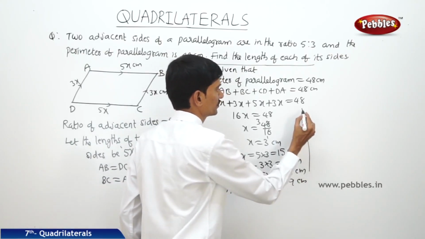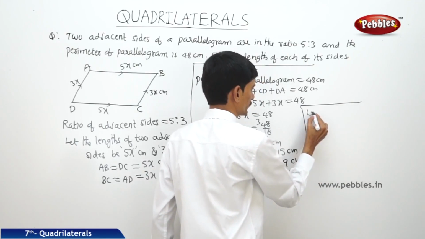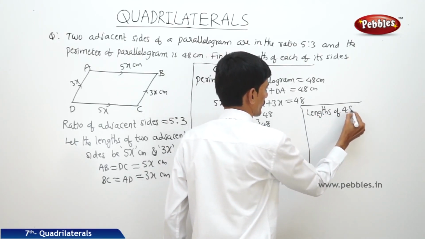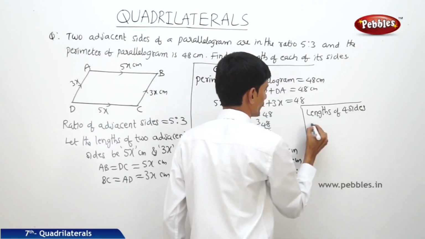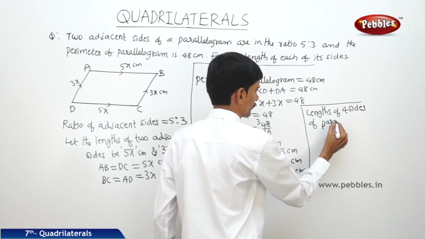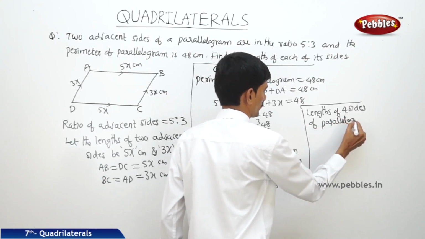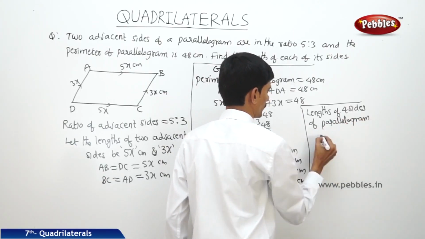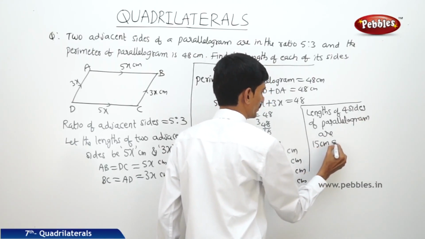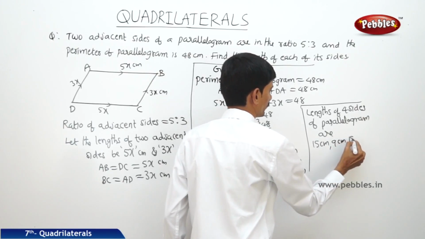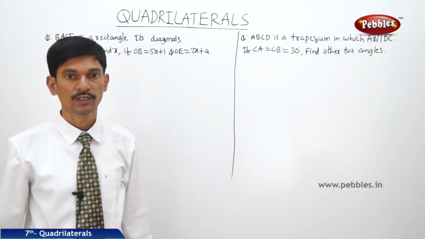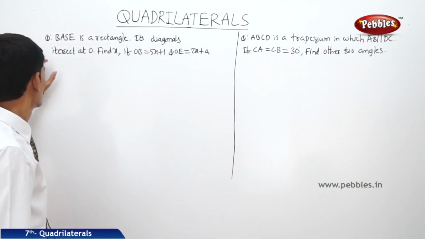So the lengths of the four sides of the parallelogram are 15 centimeters, 9 centimeters, 15 centimeters, 9 centimeters. Now let us solve the next question.